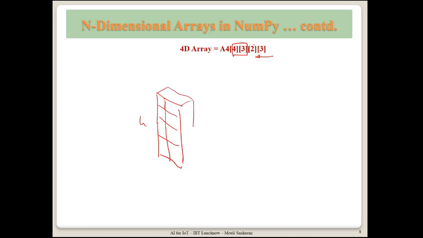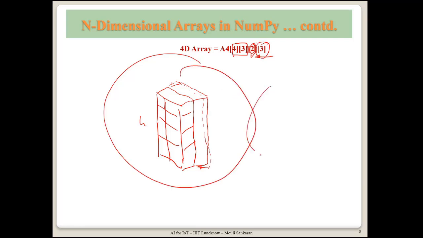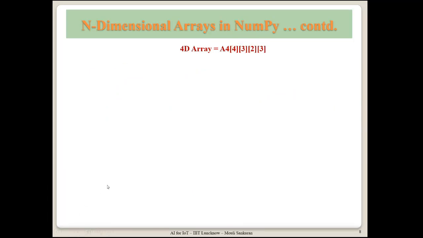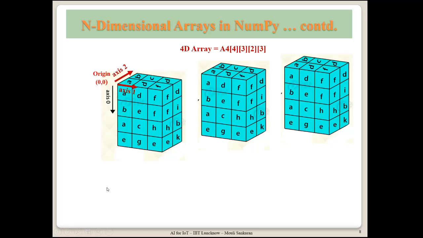Now if I keep one more of this slice, I get one more of this. I just replicate it, that is what I do when we have this dimension. Now when I have 1 by 3 here, the whole thing I need to replicate twice. Then I will have this 3 times coming. That is how this 4D array will look like.